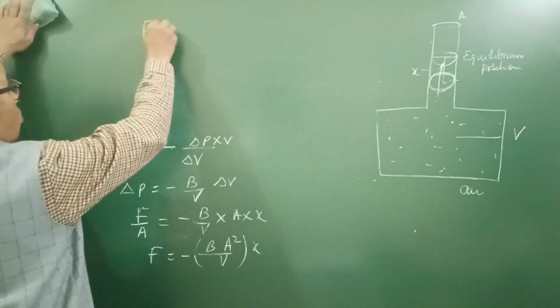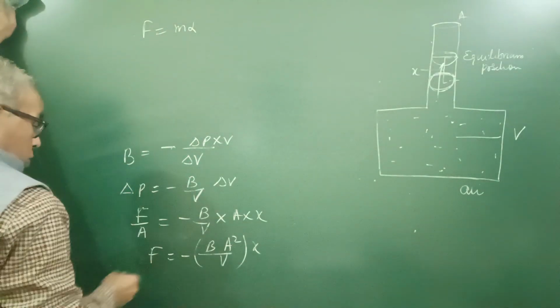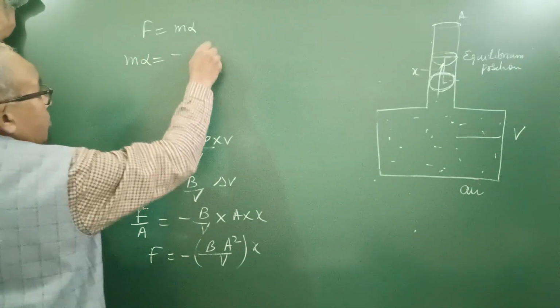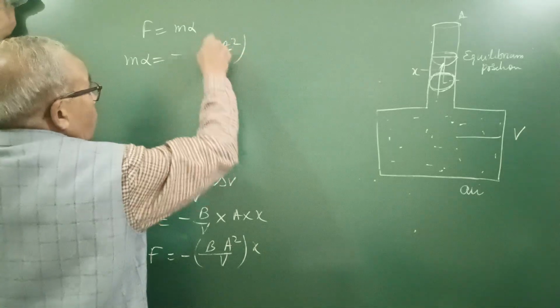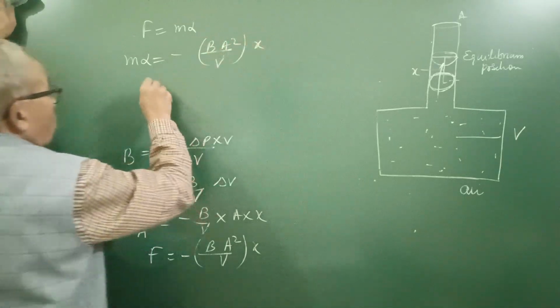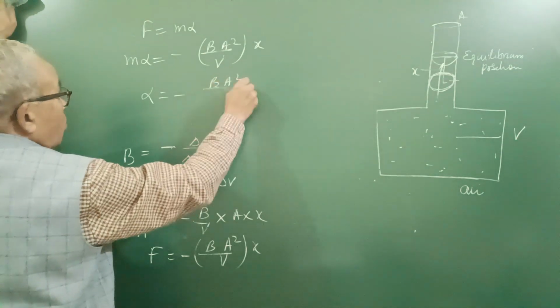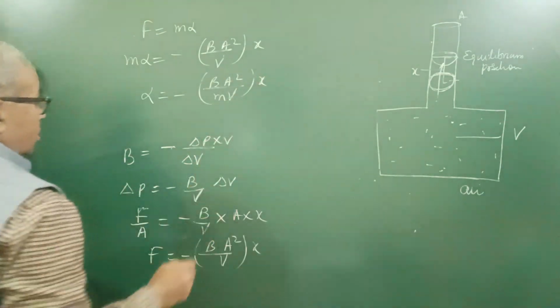So if I find the acceleration, then F equal to m alpha, where m is the mass of the ball. So m alpha equals minus B A square upon V into x, or alpha equal to minus B A square upon m V into x.